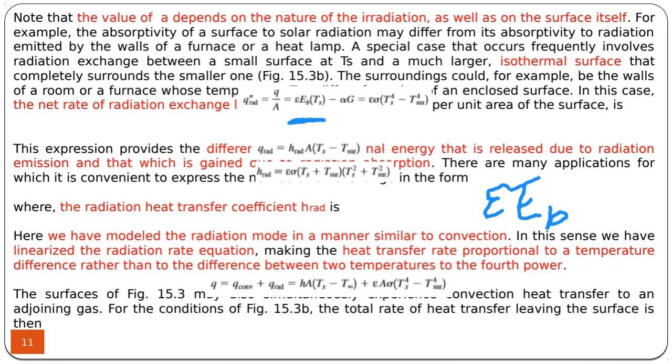Because aluminum foil is very shiny and emissivity is almost 0, meaning that this surface will not receive any radiation from this hot surface of the engine, because the engine surface can be around 80 or 90 Celsius.